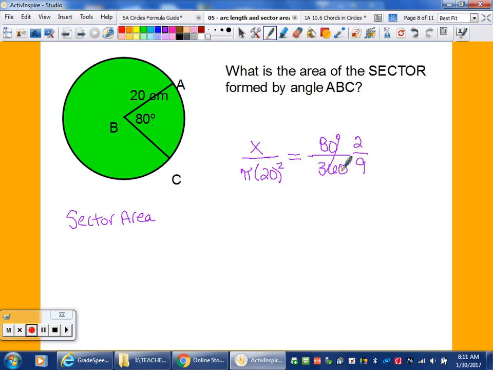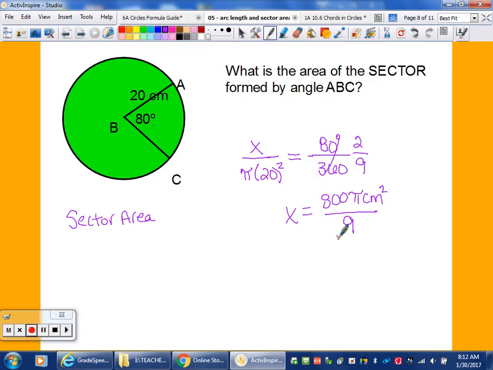I do 20 squared times 2. It gives me 800 pi centimeters. And I divide by 9. That would be centimeters squared, actually.